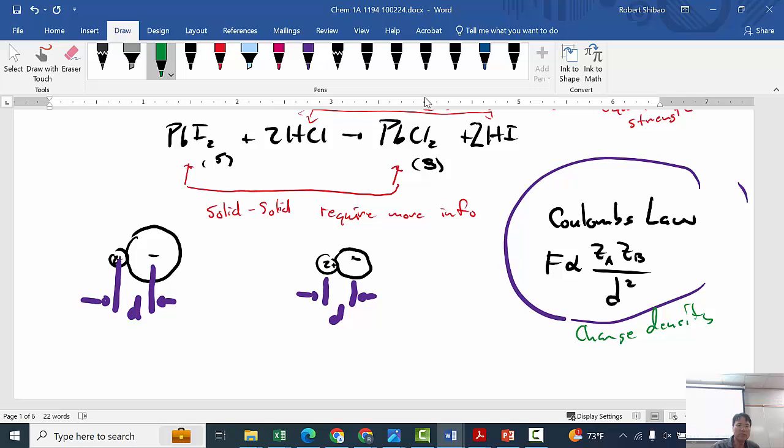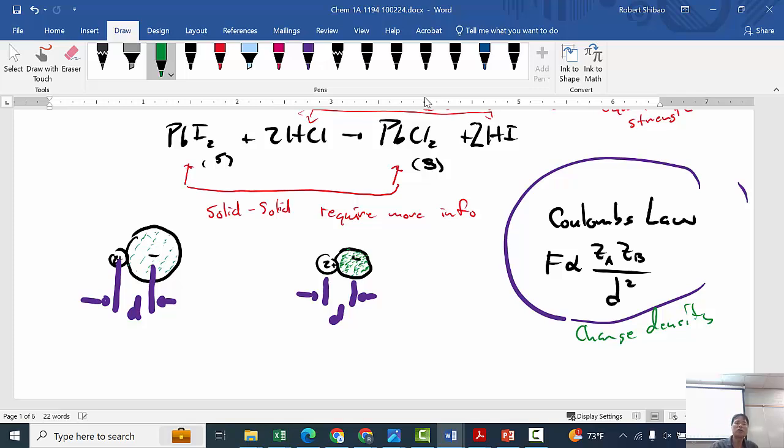So if we have a -1 charge distributed over this volume, I'm going to have a -1 charge spread out over the entire volume here. Whereas over here, I'm going to have a -1 charge, but it's going to be more concentrated, into a smaller volume.